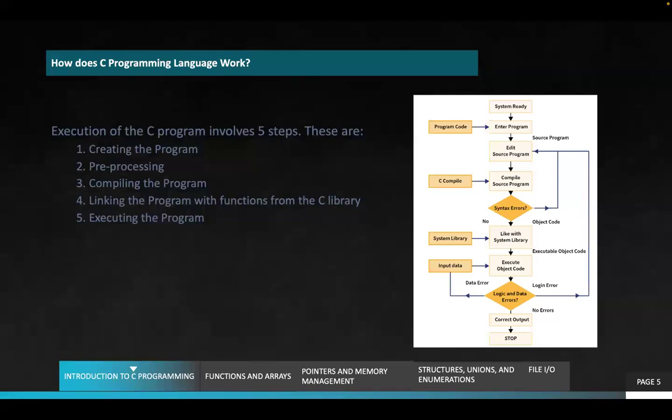Those functions also have to be linked while compiling and running the program. Once you are done with that stage, linking the program with the functions in the C library is done. Then, to understand the machine, here the machine can be a laptop or a desktop, a Unix or Linux machine, or a Windows machine or a Mac machine, whatever machine it can be.